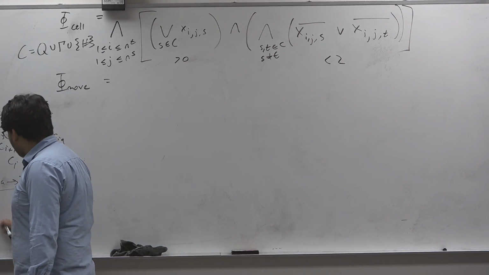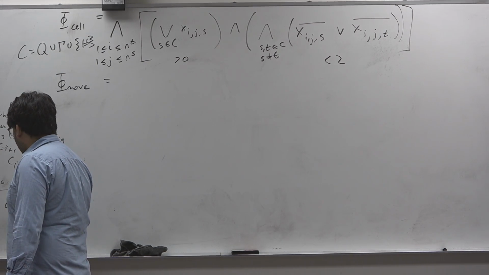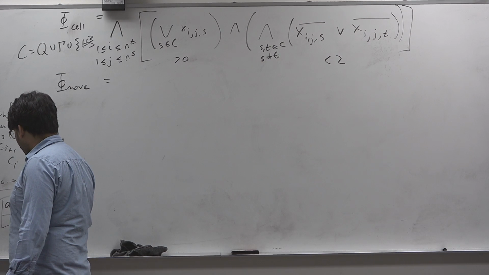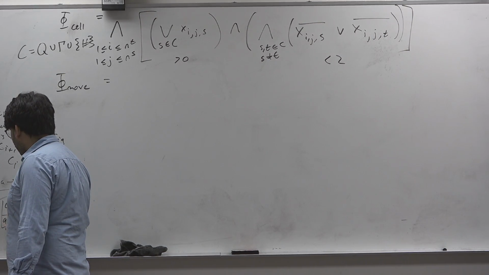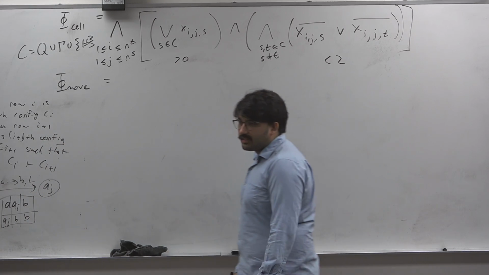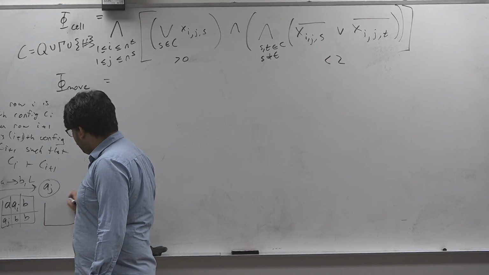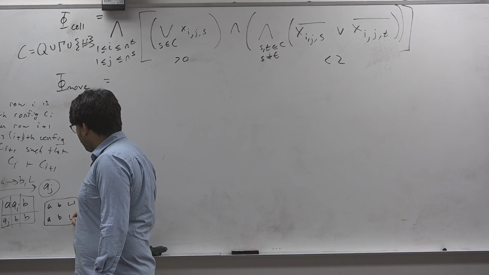A legal window could be like A, QI, B, and then B, QJ, something like that, right? That's an example of a legal window. Another example of a legal window could be, you know, A, B, blank, A, B, blank.